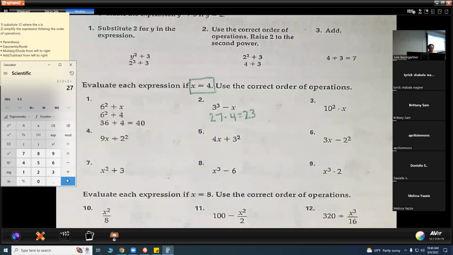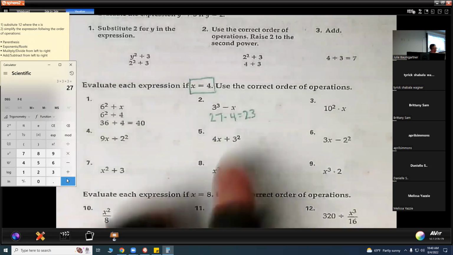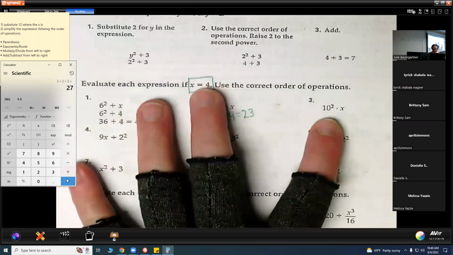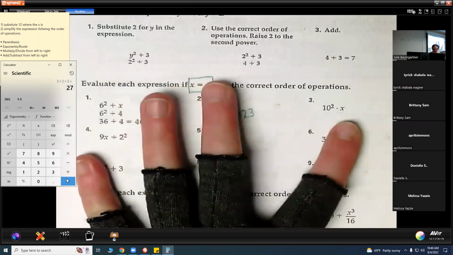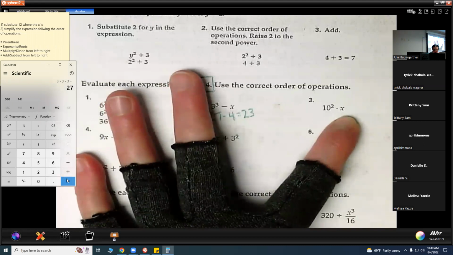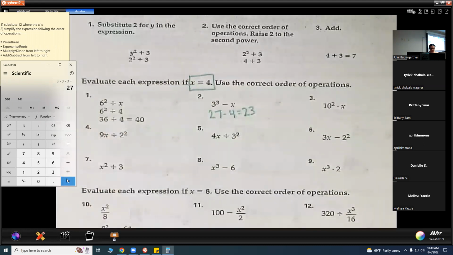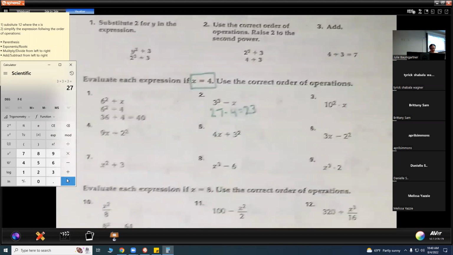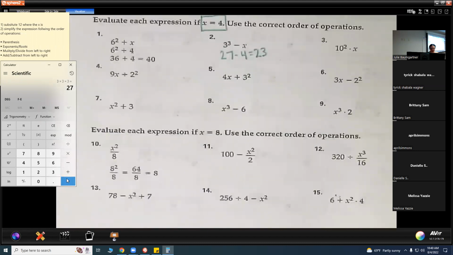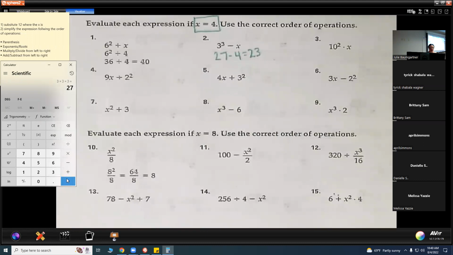Okay, so hopefully everyone remembers how to deal with this: exponents first, multiplying and dividing. All right, so does everyone feel like you know what to do for numbers 1 through 9? Hopefully. Yep. Good.